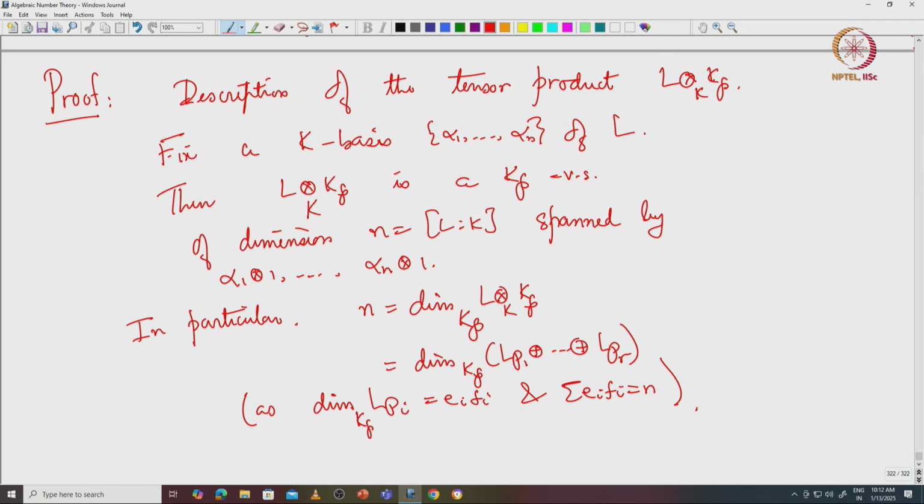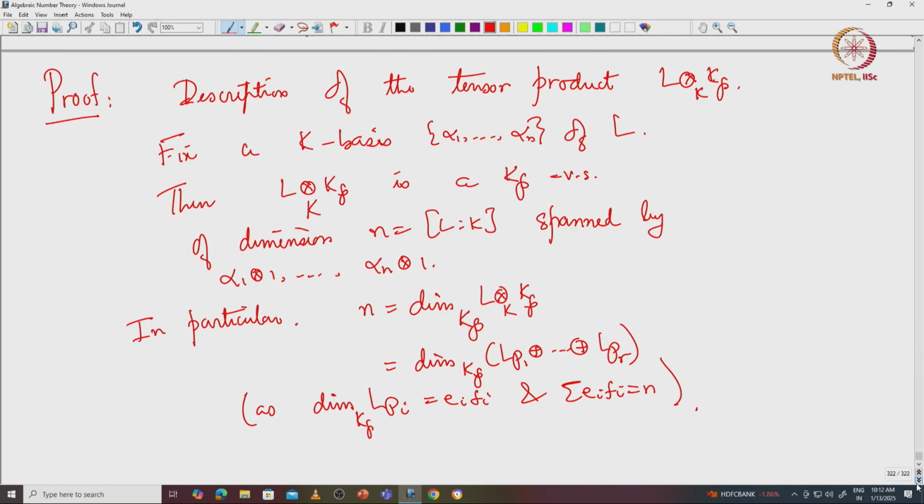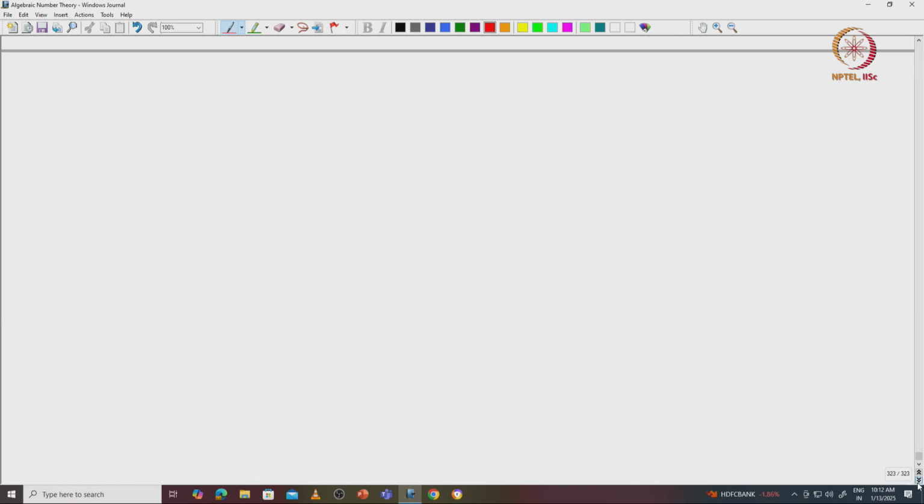So, at least the two sides that we want to be isomorphic have the same dimension over K_P. That is a good thing to begin with. If they had different dimensions, we had no hope of proving they are isomorphic.